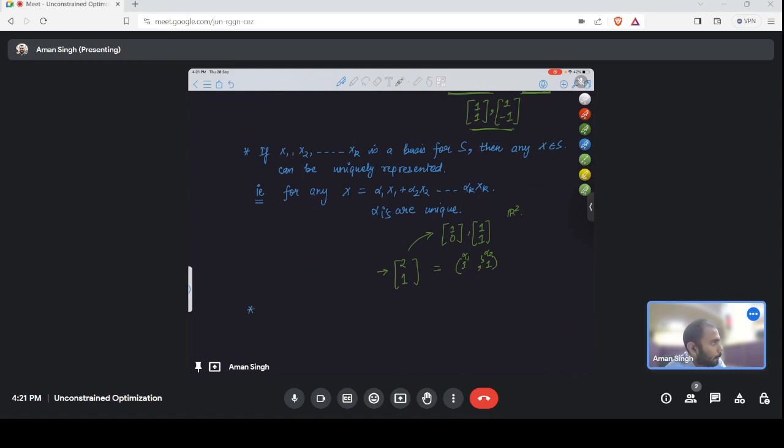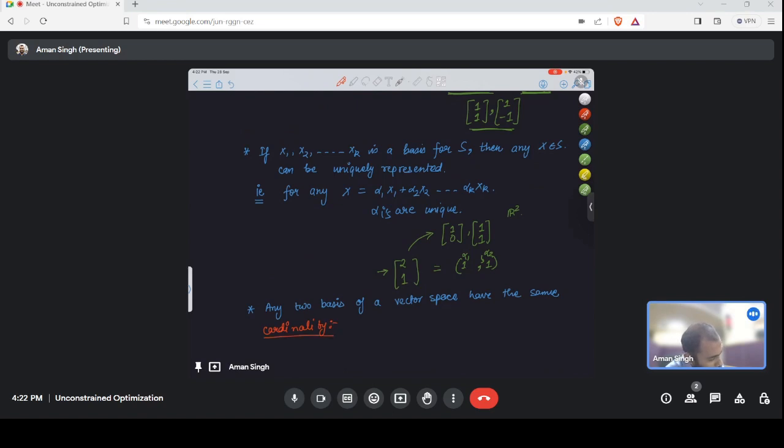So, any two bases of a vector space have the same cardinality.